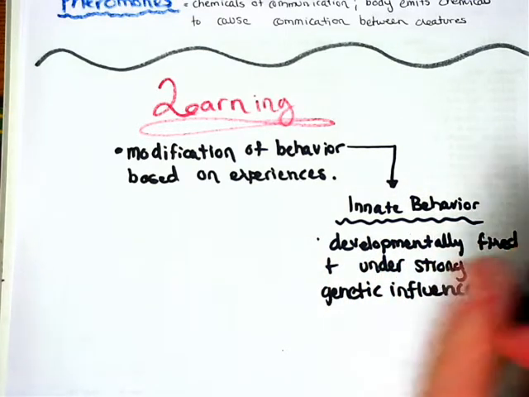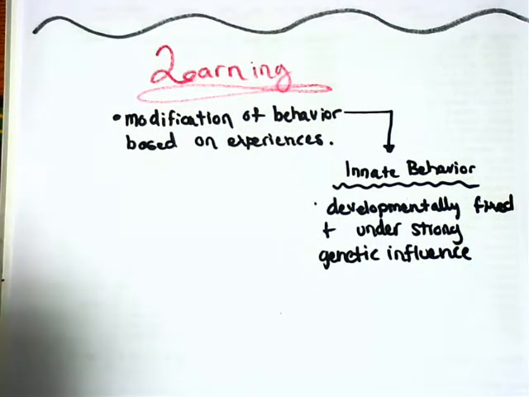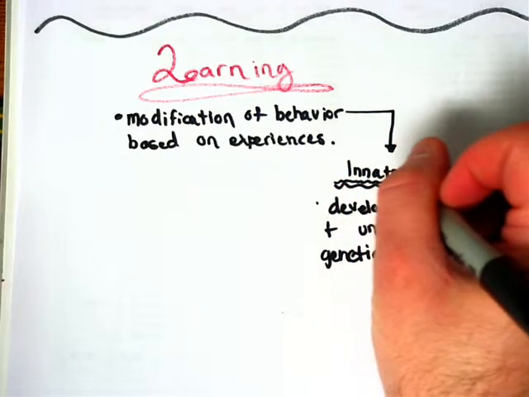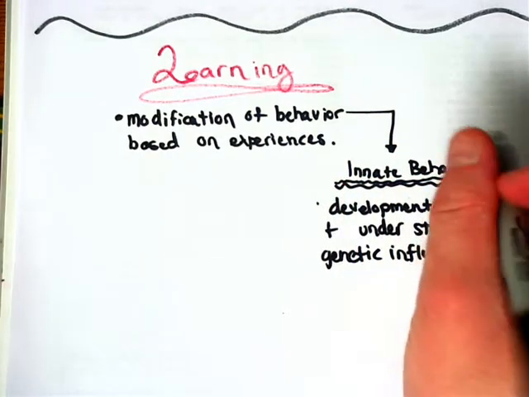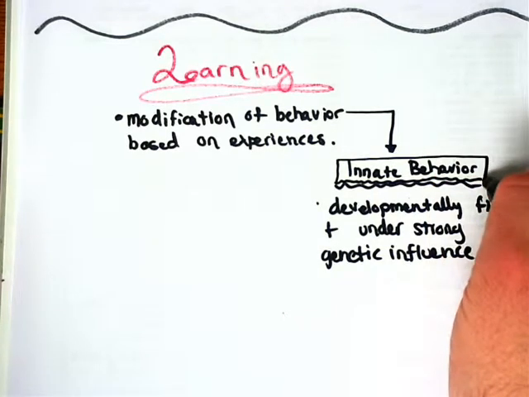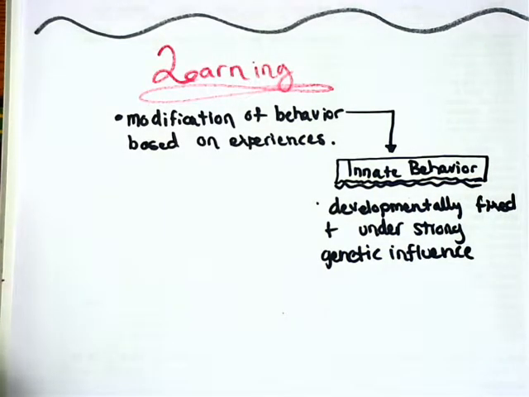So this is the type of behavior that comes as a prepackaged deal with you. This is the type of thing that you, or whatever creature you're discussing, would do all the time. That's why the term innate, in biology, typically refers to something that you're born with, something that you don't really learn, you don't really acquire. This is just something that exists.